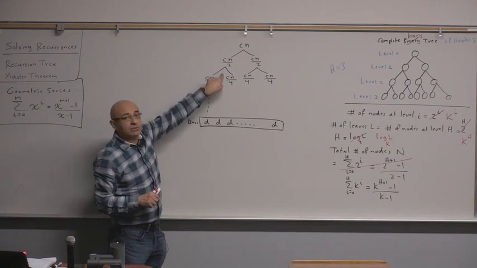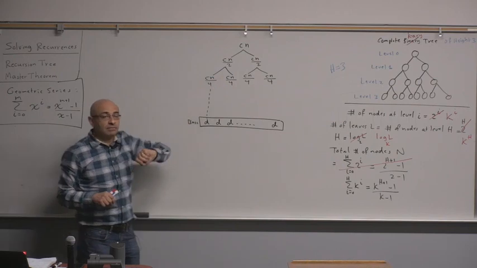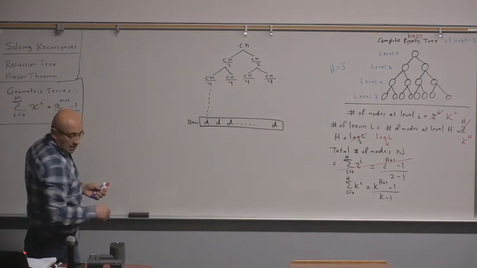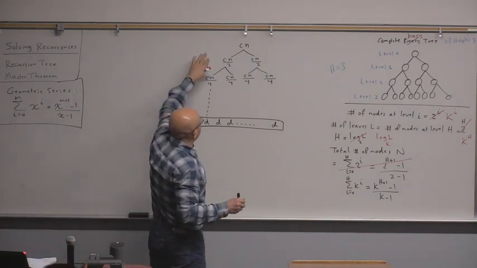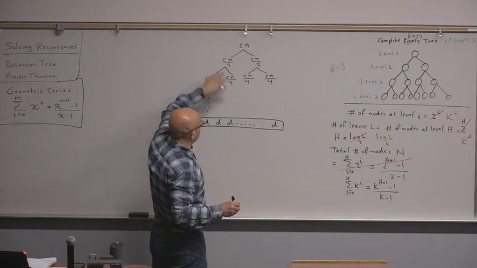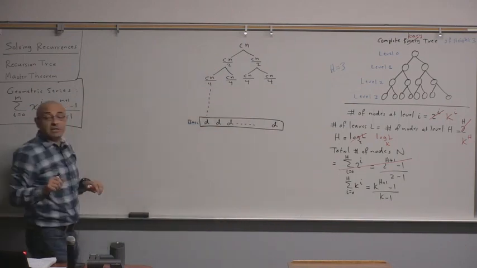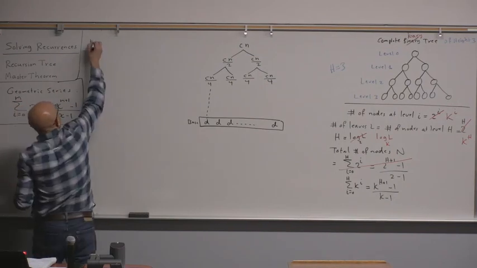It's the branching factor, how many branches. This is binary because we have 2 branches. Generally speaking, the first step in trying to calculate the number of operations in a tree like this is calculating the height. So what's the height?